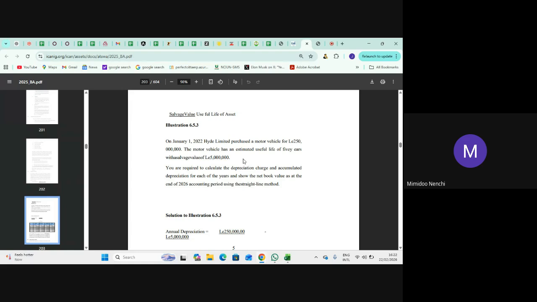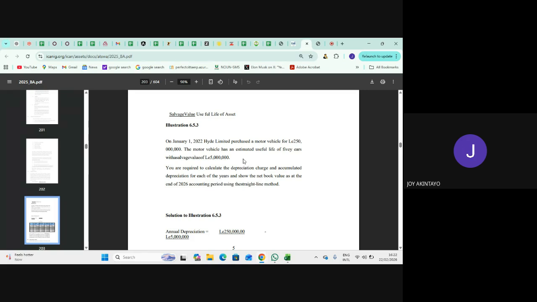The motor vehicle has an estimated useful life of 5 years with a salvage value of 5 million. You are required to calculate the depreciation charge and accumulated depreciation for each of the years and show the net book value as at the end of the 2026 accounting period using the straight line method.